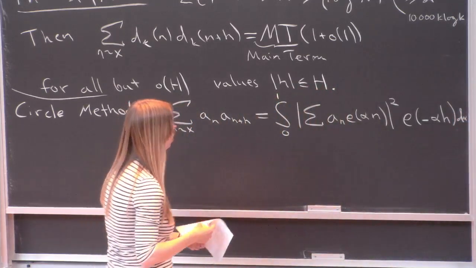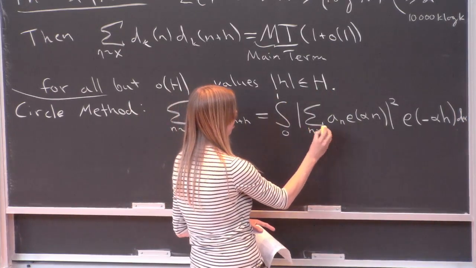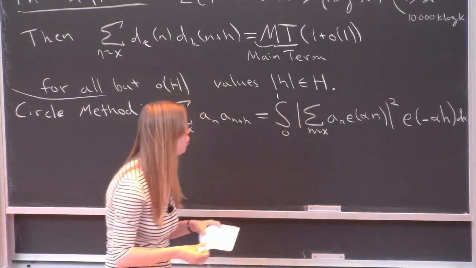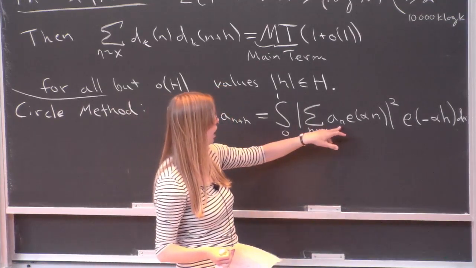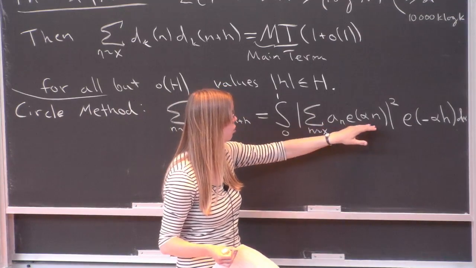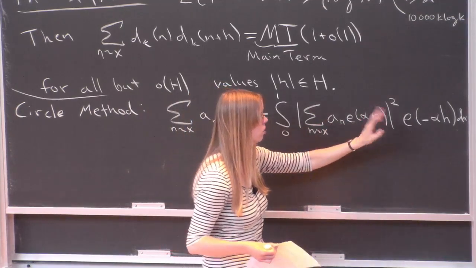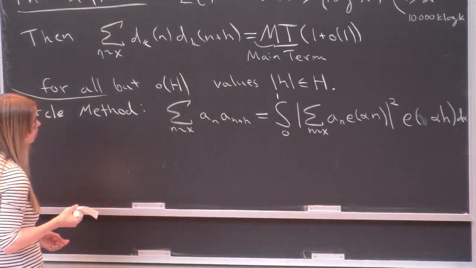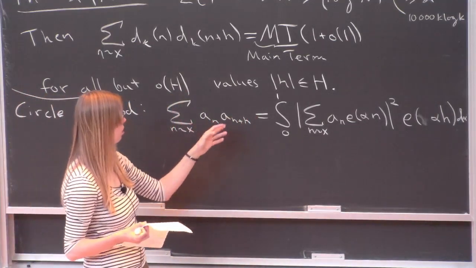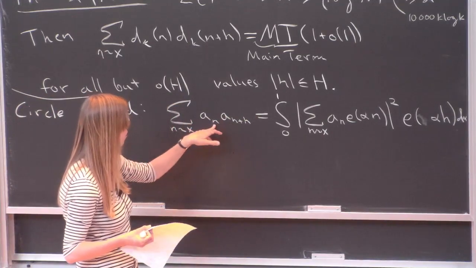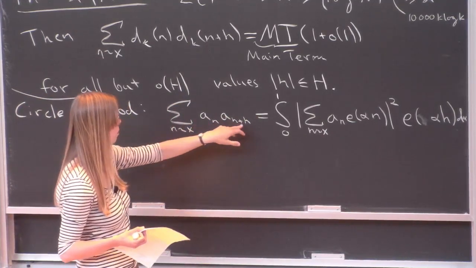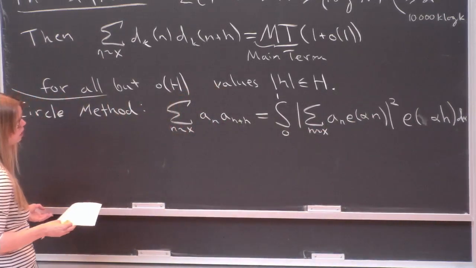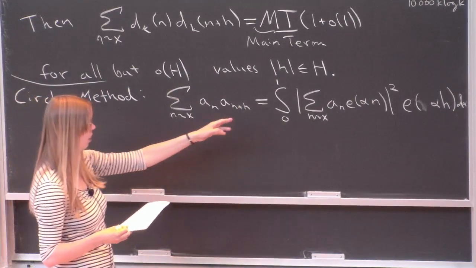So this integral picks up those pairs n_1, n_2 where n_1 minus n_2 is h. Just to write this condition, write this as n_1 and this as n_2, and we want n_1 minus n_2 to be h. We can use the circle method in this way. And then we need to analyze this integral.